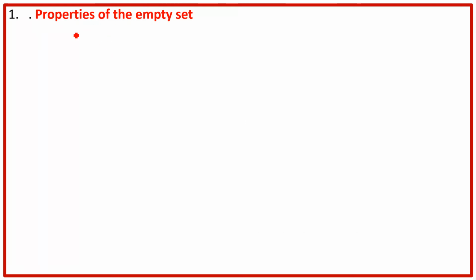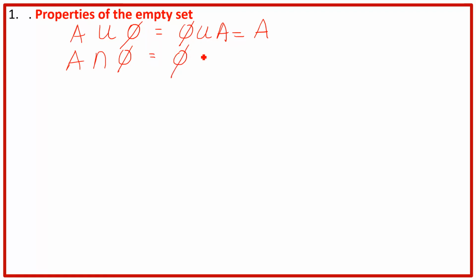The properties of the empty set say that A union empty set equals empty set union A, which is equal to A. And second, A intersection empty set or null set equals empty set intersection A, which is equal to empty set. So these two properties we are going to prove. These are called the properties of the empty set.